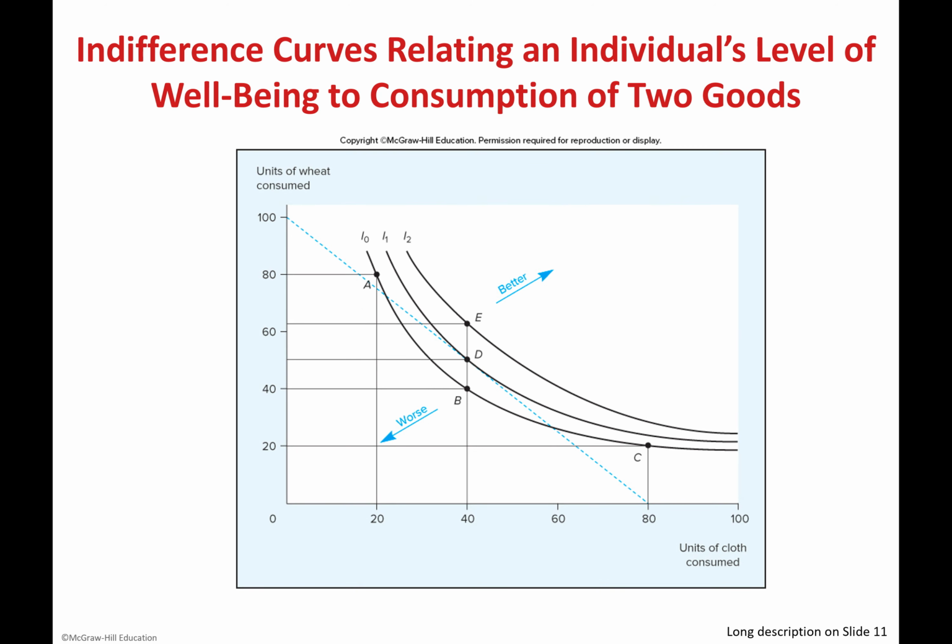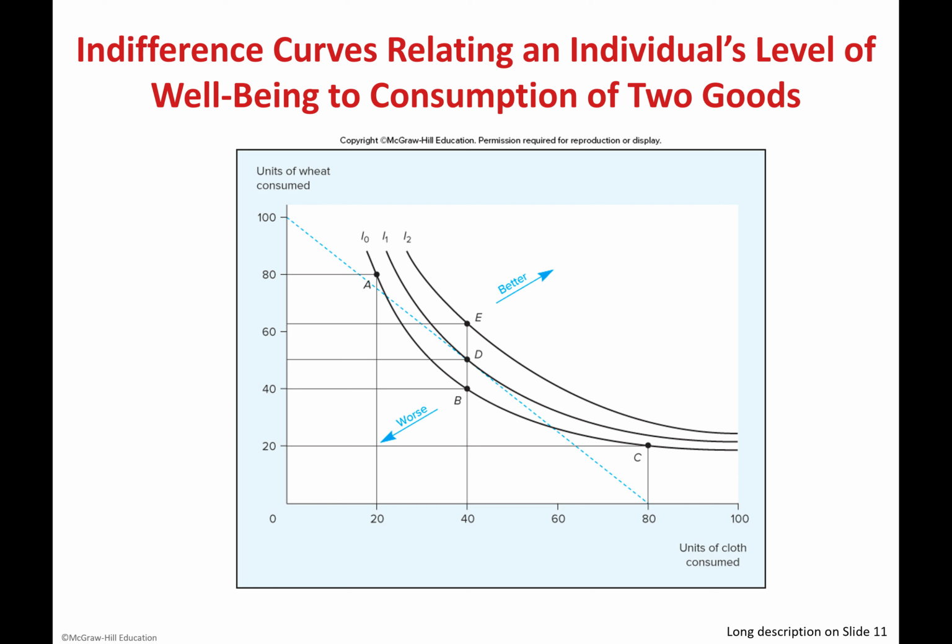So in other words, when we look at our framework here, where we've got units of wheat consumed on the vertical axis, units of cloth on the horizontal axis, we can draw an indifference curve, and they're labeled I0, I1, I2, showing the bundles of wheat and cloth that would leave us indifferent. If we're looking at that first indifference curve, I0, we are indifferent.